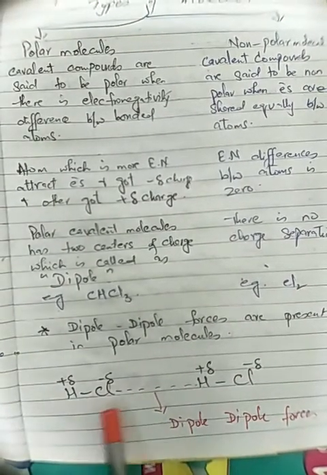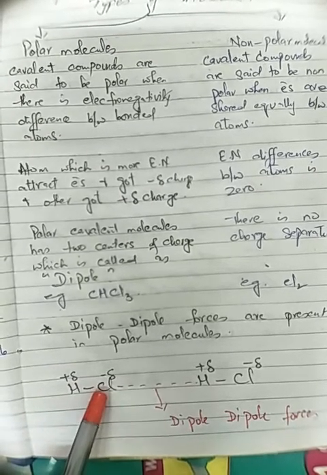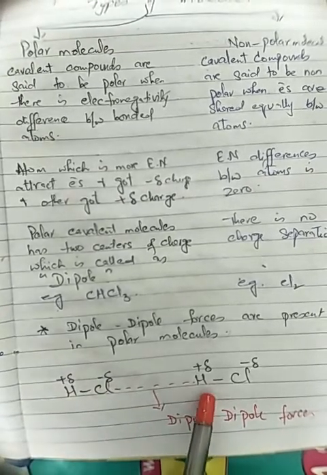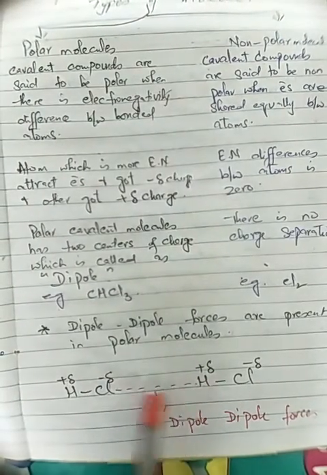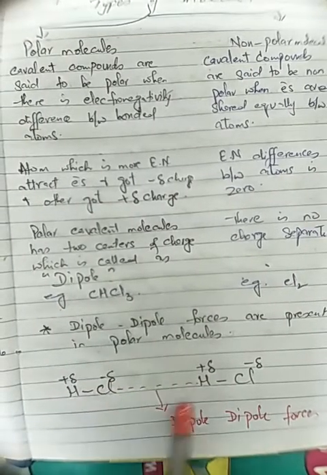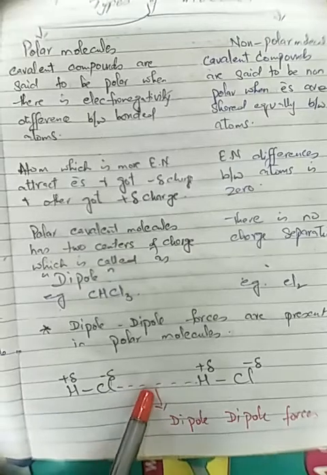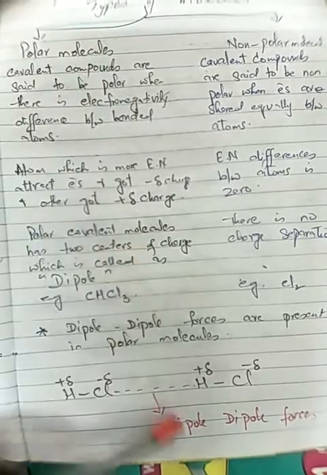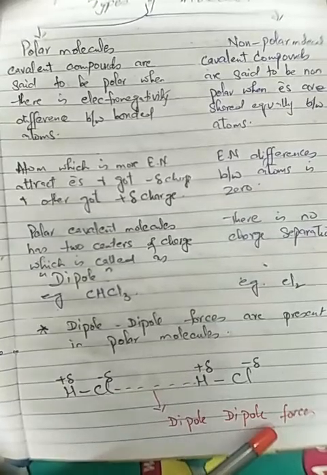Between these two HCl molecules, the negative end of one molecule attracts the positive pole of the other molecule, and there is a force of attraction. This force of attraction between two oppositely charged ends is regarded as the dipole-dipole force.